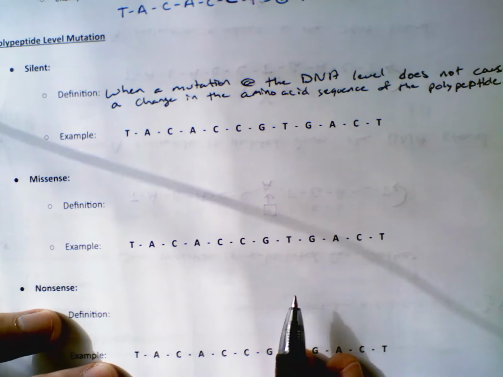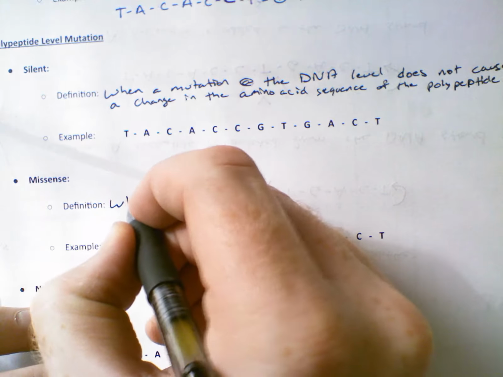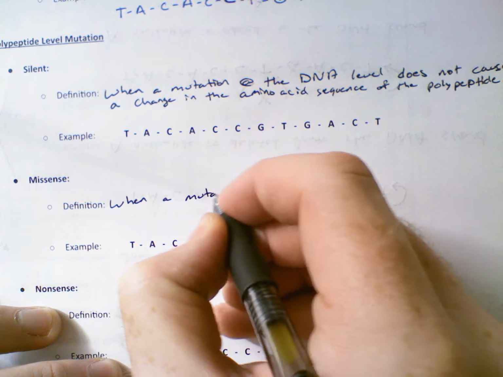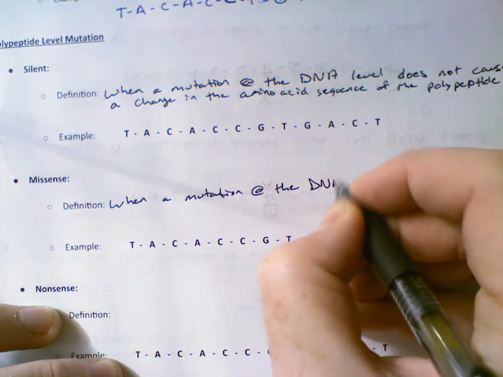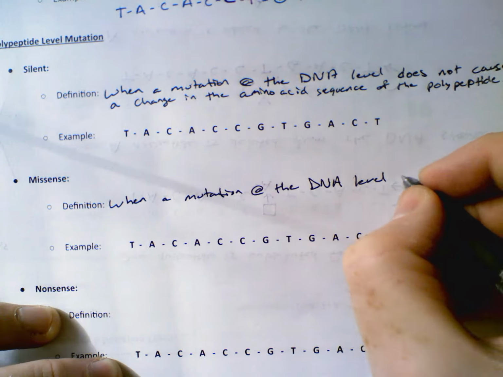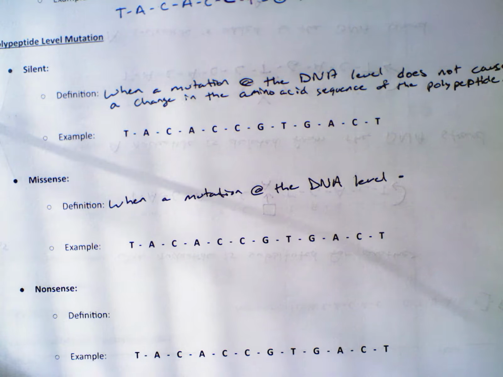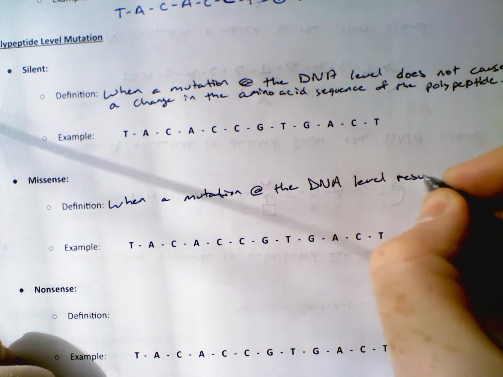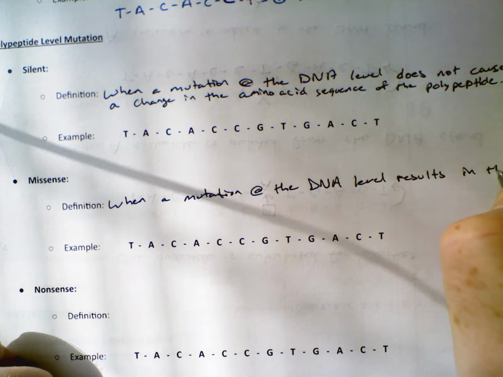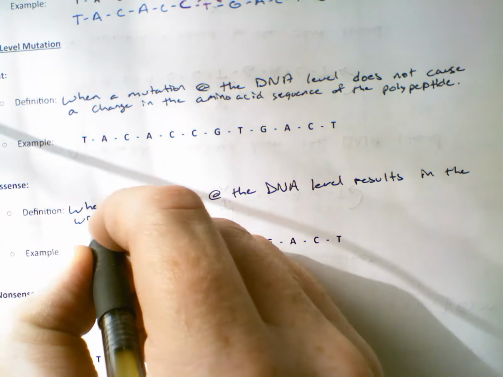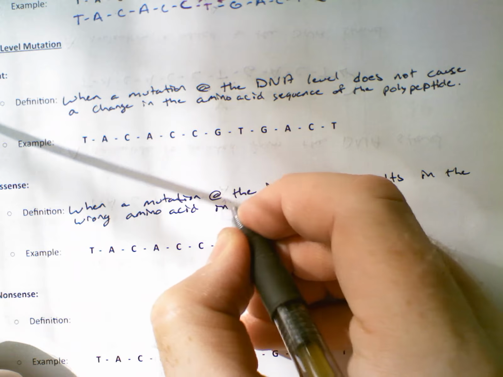So definition of a missense. So a missense mutation occurs when a mutation at the DNA level results in the wrong amino acid in the polypeptide.